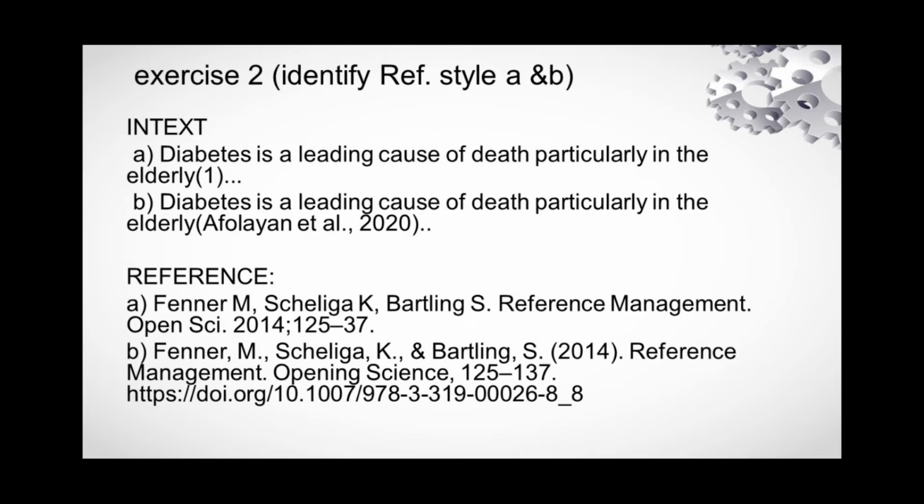You must have seen the New England Journal; in Vancouver style it will probably be written as N Engl. That is just the nickname. So if in your reference list you first see the author and the initials, then the article title, and you notice that the journal name is abbreviated or not written in full, it is Vancouver.